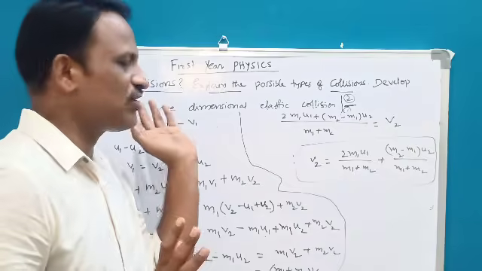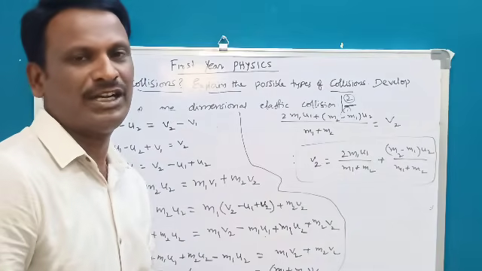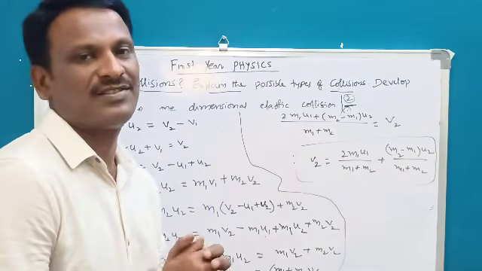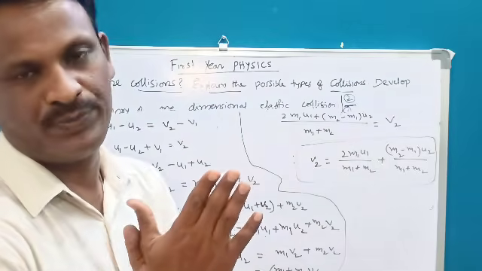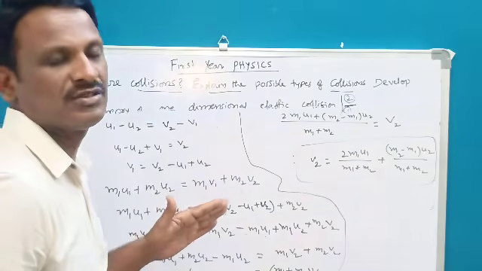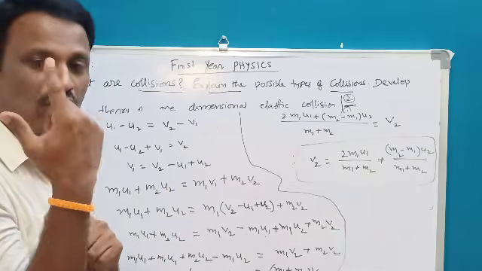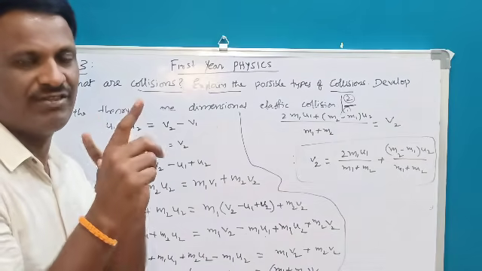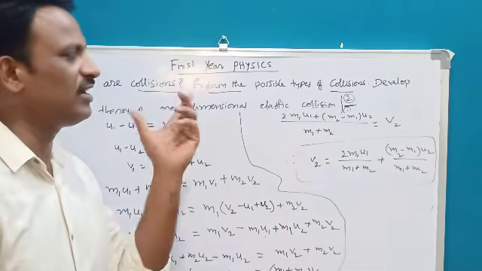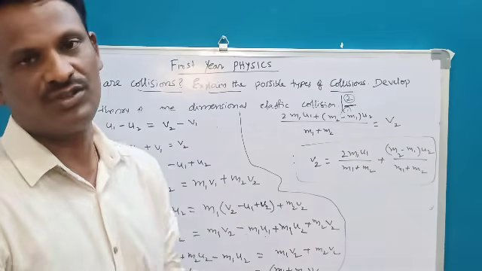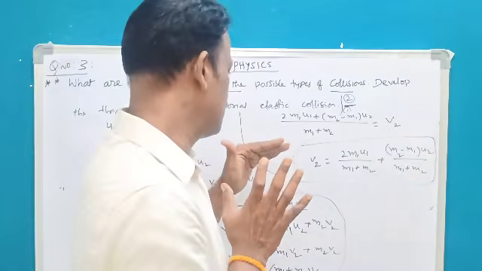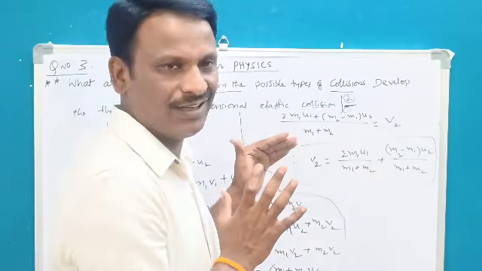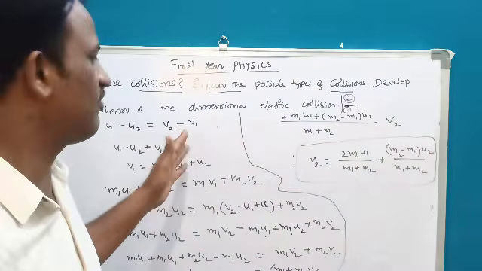So from first equation, law of conservation of momentum, you will write m1 u1 plus m2 u2 is equals to m1 v1 plus m2 v2, and then from the law of conservation of energy, you do equation 2 by equation 1. From there you will get relative velocity of approach is equals to relative velocity of separation. If you do this much correctly, then automatically you can calculate v1 and v2.